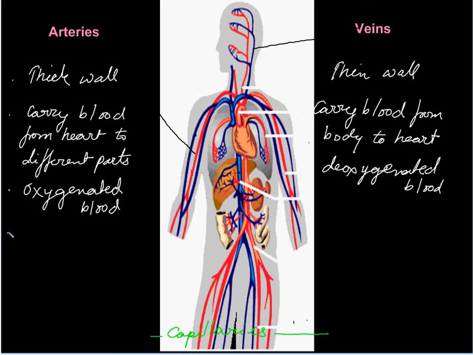The third difference is that arteries are deep seated. They cannot be seen superficially, whereas veins are superficially placed in our body.